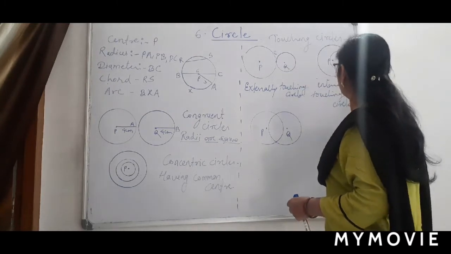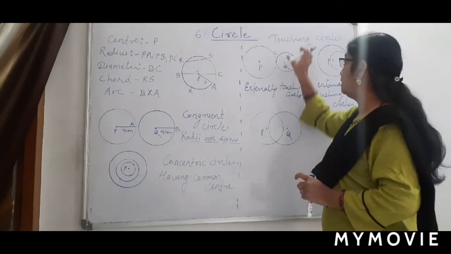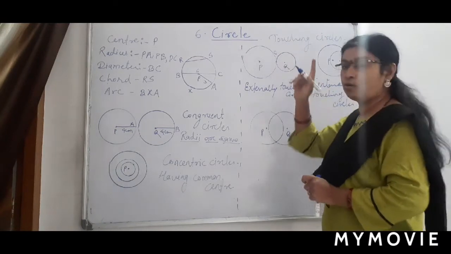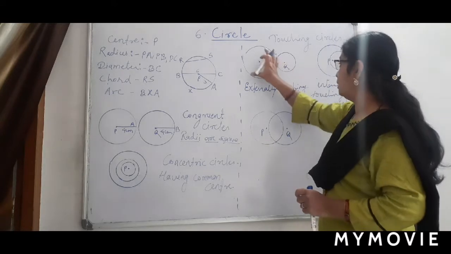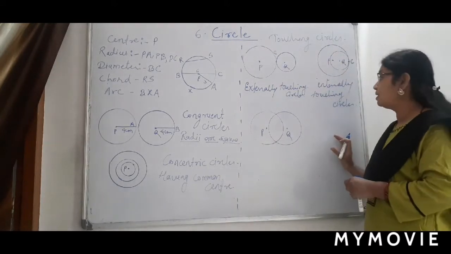Here these two circles touch at only one point. Circles whose point of contact is only one are called touching circles. Now these are externally touching circles and these are internally touching circles.